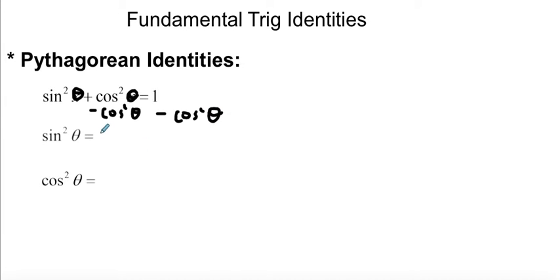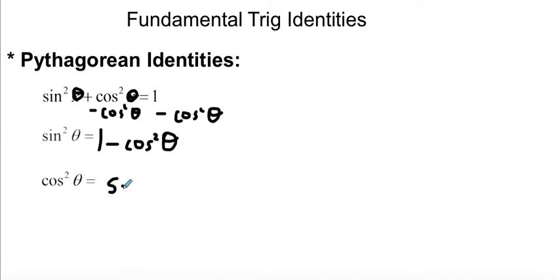So really, sine squared is just 1 minus cosine squared. And if you look back up there, that makes sense: the original one, cosine squared theta, if you subtract off sine squared instead of subtracting off cosine squared, you'd end up getting cosine squared.